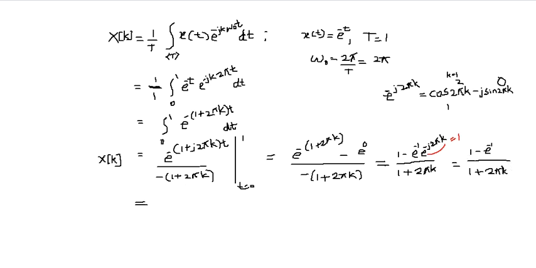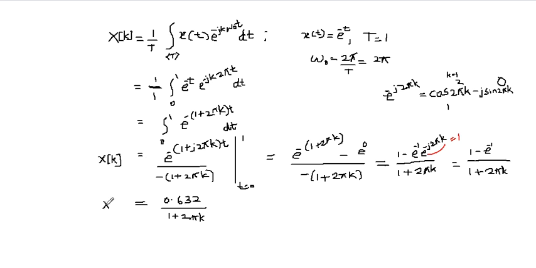So 1 minus e to the power minus 1 is 0.632, and we'll write 0.6321 something, divided by 1 plus j 2 pi k. Now x of k is this one.